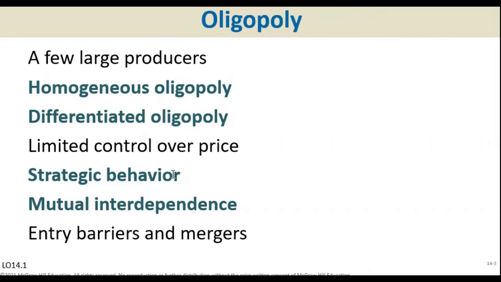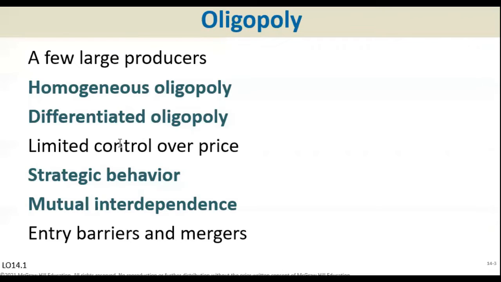So there's not easy entry of a firm into oligopoly, but compared to monopoly, oligopoly is a little bit easier. So you will see that there are fewer producers, and also we have homogeneous or standardized oligopoly, as well as differentiated oligopoly.